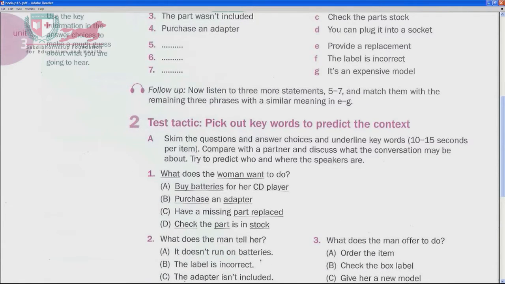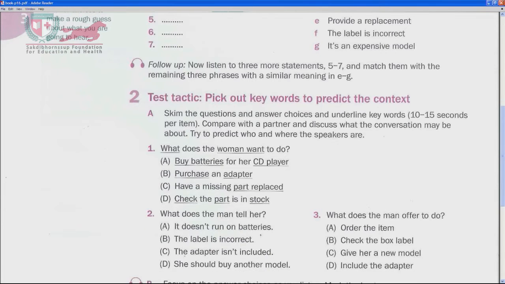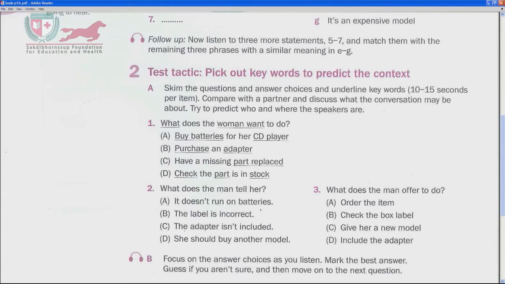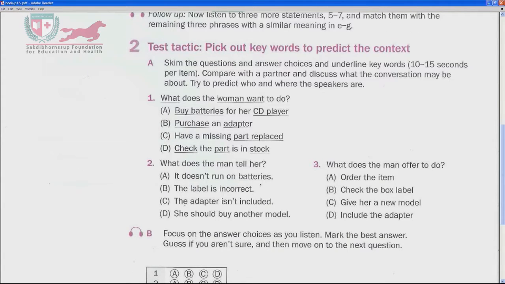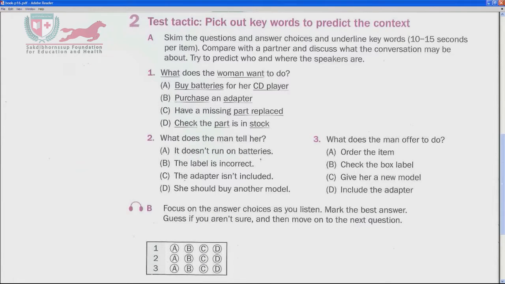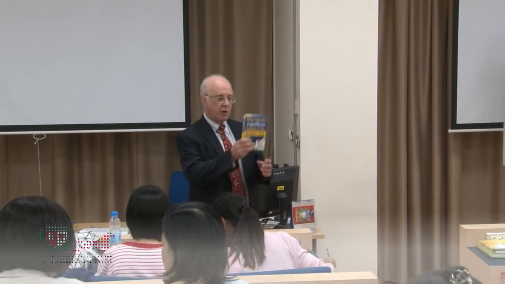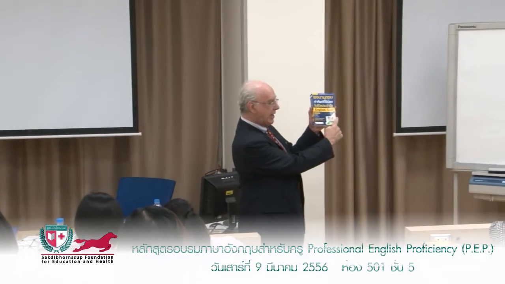In number 6, we've got the word the label. Sorry, not 6. Was it F? F. The label is incorrect. On the dictionary, there is a label.